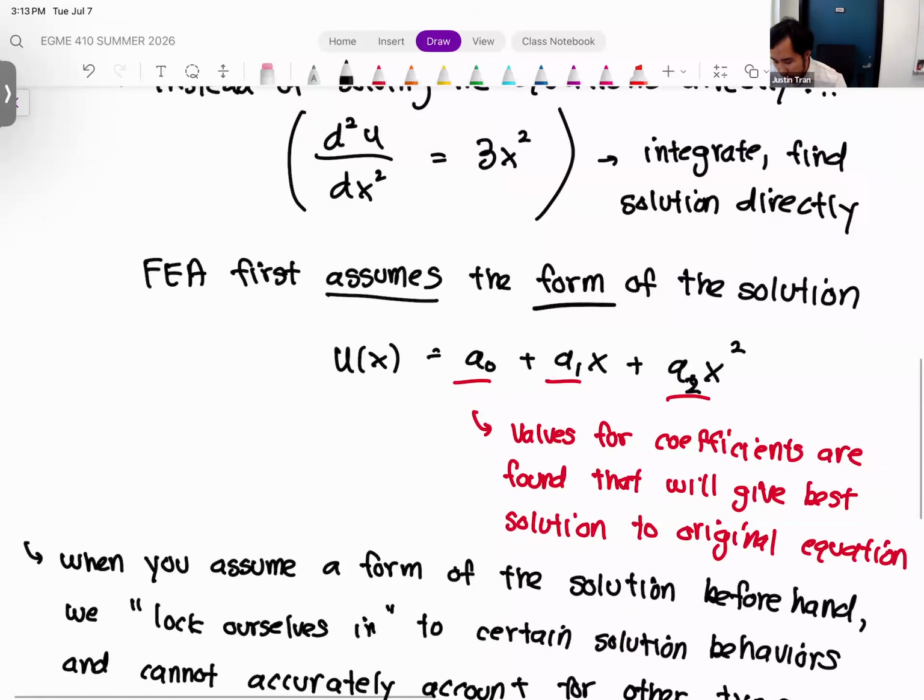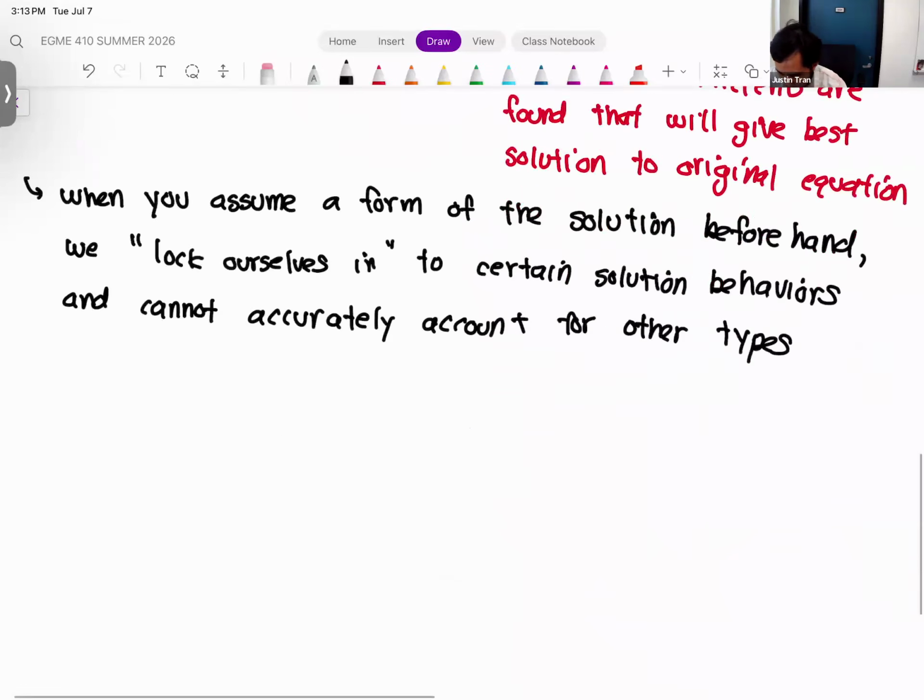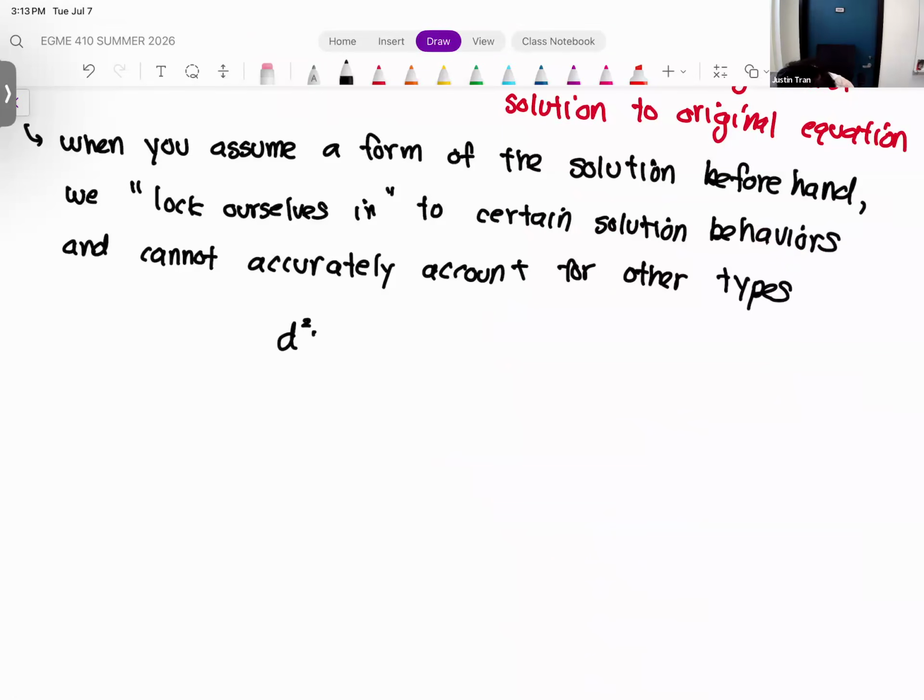If we take this differential equation here, I'm not going to solve it completely like we did last time, but let me just show you really quickly. Let's say this is our governing equation right here. If you remember from last week, the way that we solved this was that we took the integral of this twice in order to solve for u.